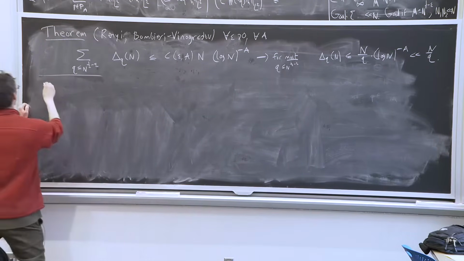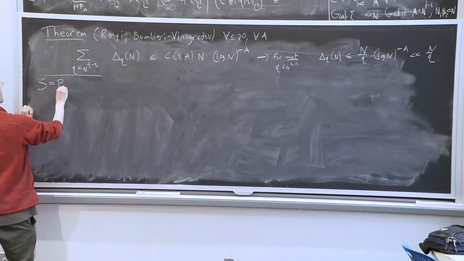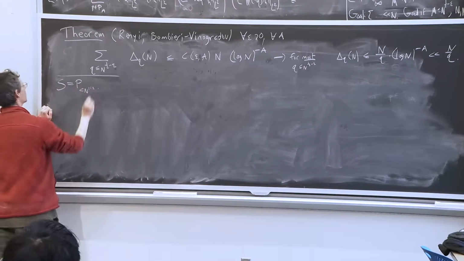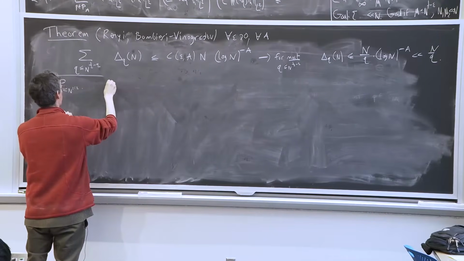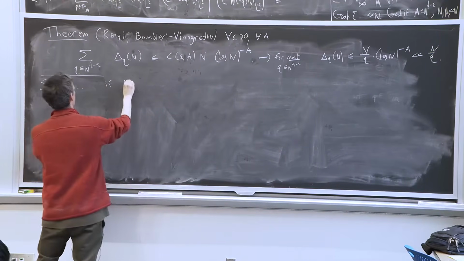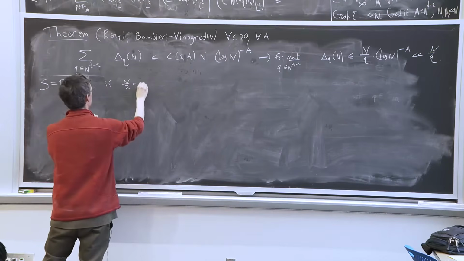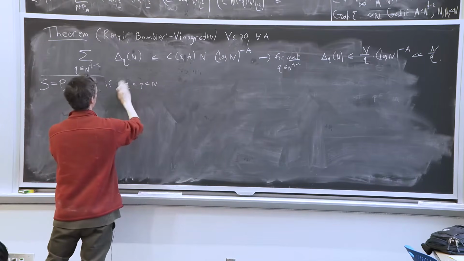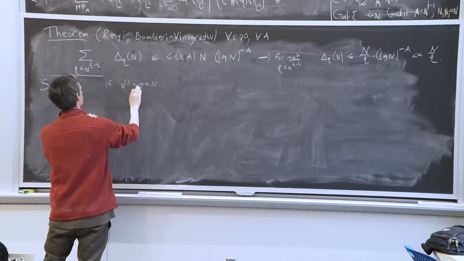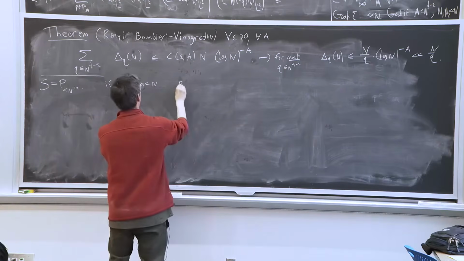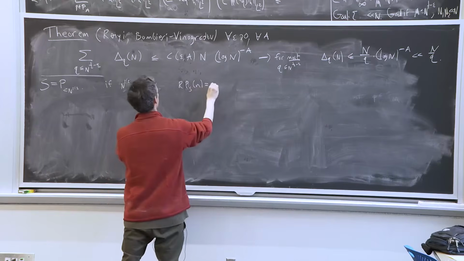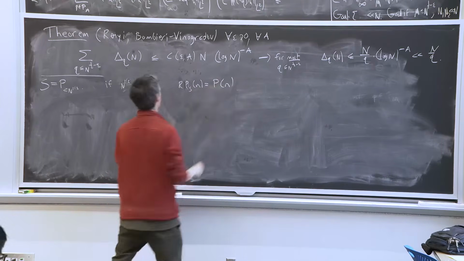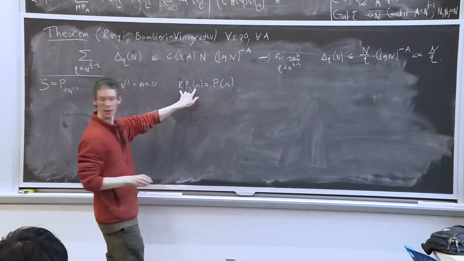OK, so let's say that S is the primes up to n to the 1/2. And then remember that if n to the 1/2 is less than p is less than n, then R_S, relatively prime to S of n, is prime. So we can basically study this function by studying that function.